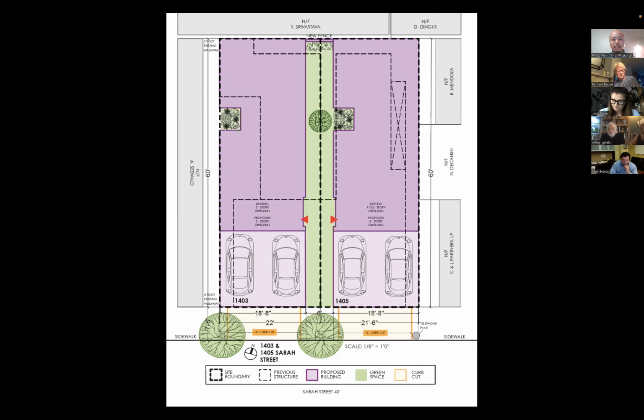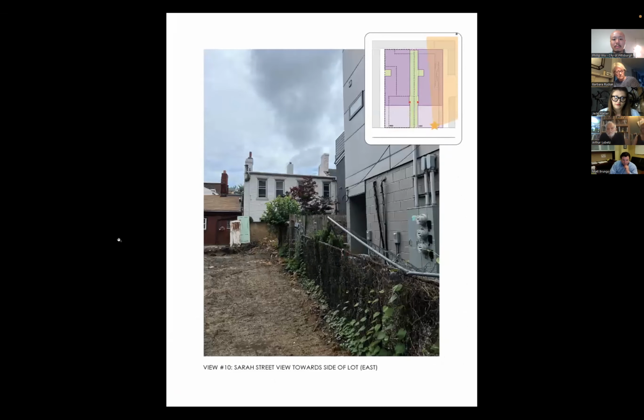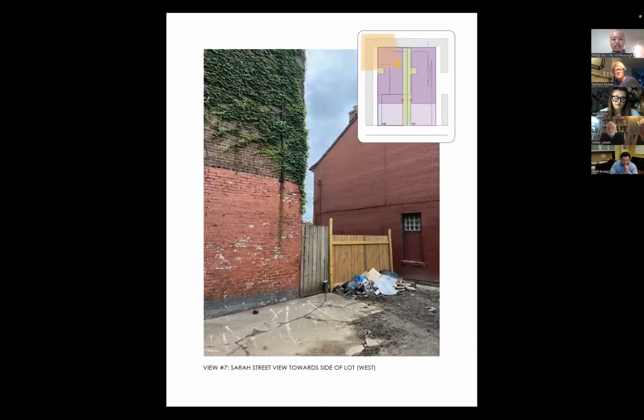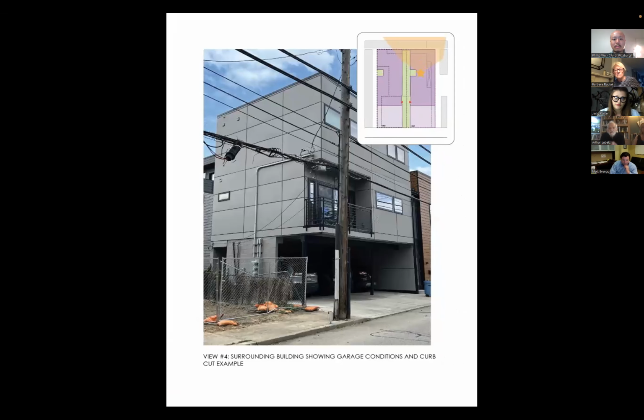I have seen the curb cutouts make it harder for pedestrians to walk. I've watched neighbors come down Sarah Street in their motorized scooters or wheelchairs, choosing the street because of the inability to use the sidewalks today. The curb cuts are just going to make that harder.